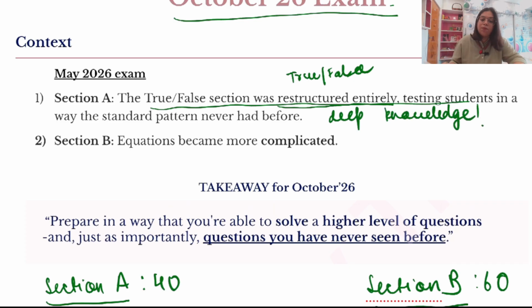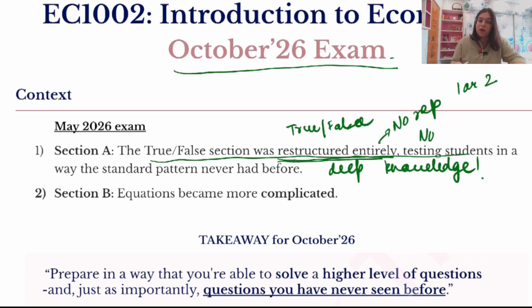Some concepts only a person who had done one chapter in great detail could crack, and there were no repetitions from past years. I think one or two maybe. Again, I have to see the paper to comment on it very strongly, but this was the feedback I got.